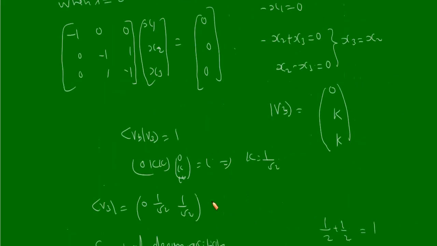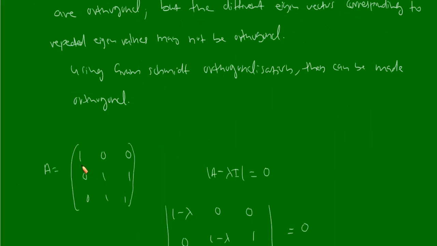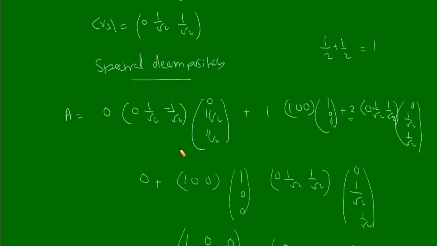Now this is 1, 1, 1, 1. So here you will have 1, 1, 1, 1. And what is this matrix? We have matrix A as 1, 0, 0, 0, 1, 1, 0, 1, 1. So using the spectral decomposition, we have constructed the matrix A, and this is matrix A.